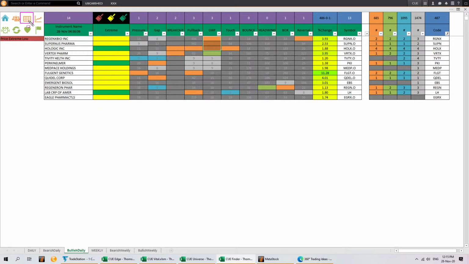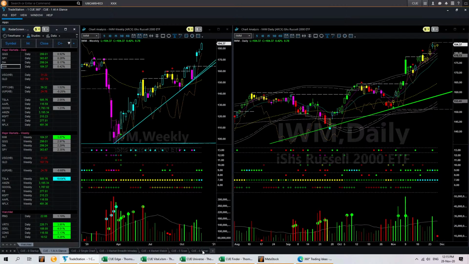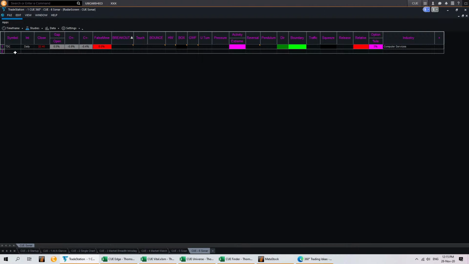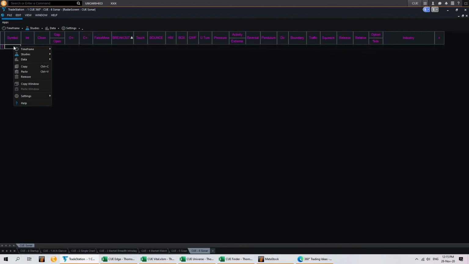So I'm going to click the grid icon to copy the ticker symbols that I can go and paste in Q Radar in TradeStation by selecting paste or Control V.